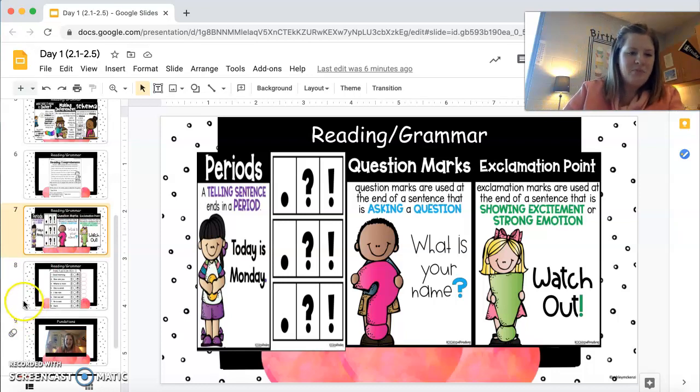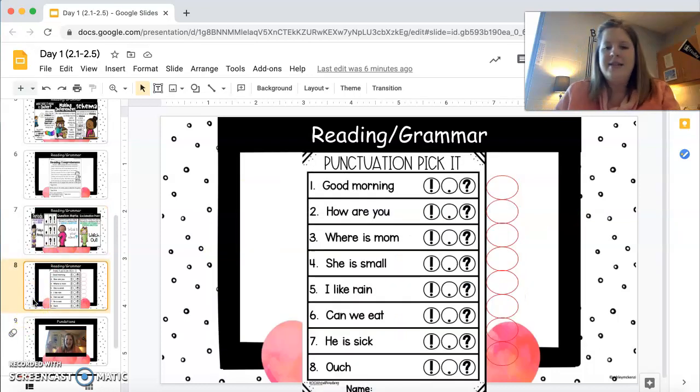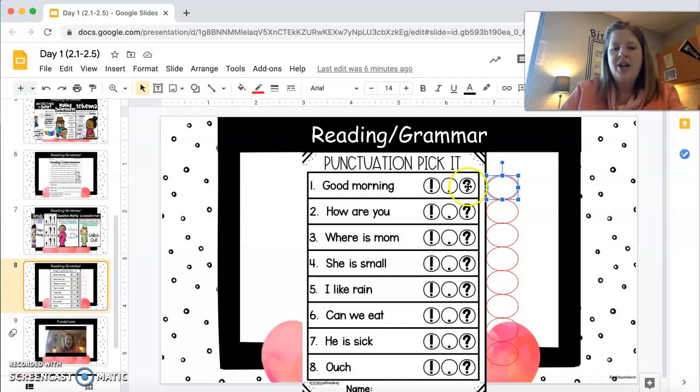Okay. So to practice that, you are going to take one of these little bubbles over here and put it over the punctuation mark that you think fits that, okay? So for example, it says good morning, okay? Do you think good morning deserves an exclamation point, a period, or a question mark? You're going to move those bubbles on top of one of these, okay?